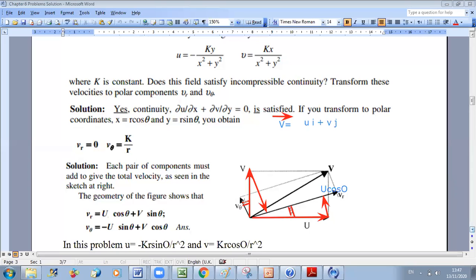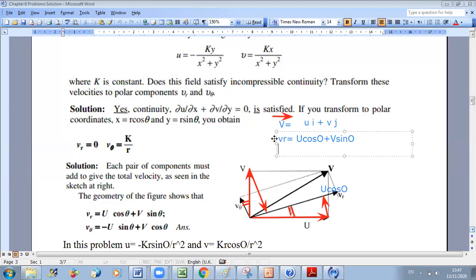This is why if you want to project V on UR, you should multiply by sine of theta, okay? So I can say now that VR in total, the component along R, is equal to the projection of U, which is U cosine theta, plus the projection of V, which is V sine theta.